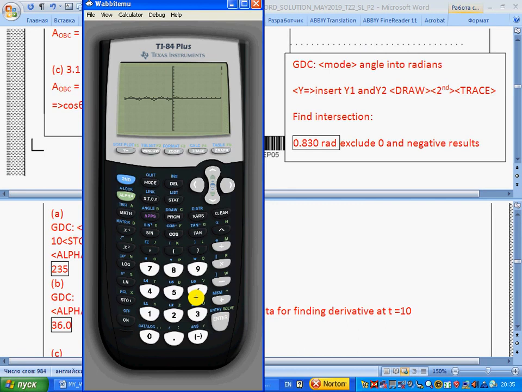Sine, cosine oscillating. And then the graph 3/5 of x in radians. Yes, straight line. I like this picture.